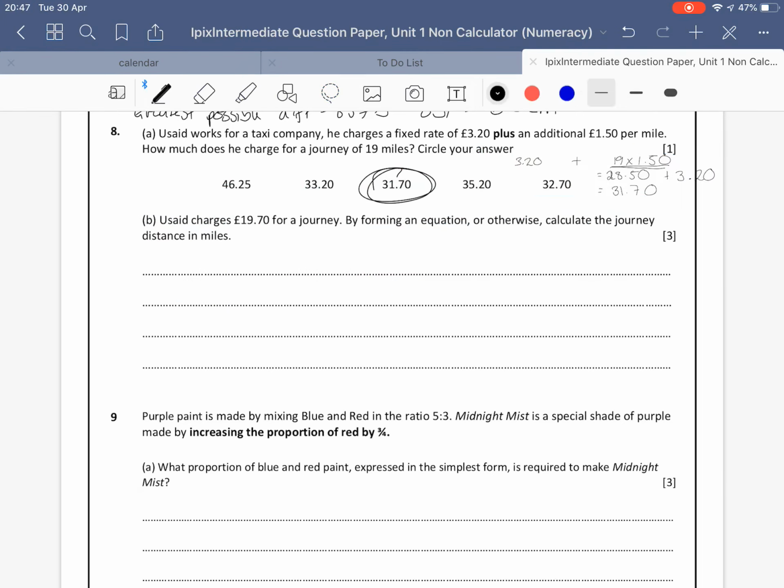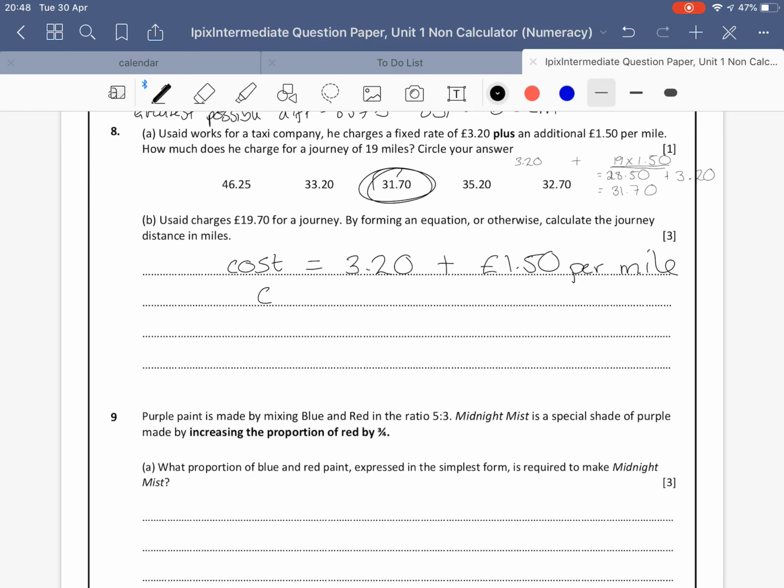Okay. He charges £19.70 for a journey. By forming an equation or otherwise, calculate the journey distance in miles. So the cost, or the charge, is £3.20 plus £1.50 per mile. That's not quite an expression yet, so I'm going to change it a bit more into algebra.